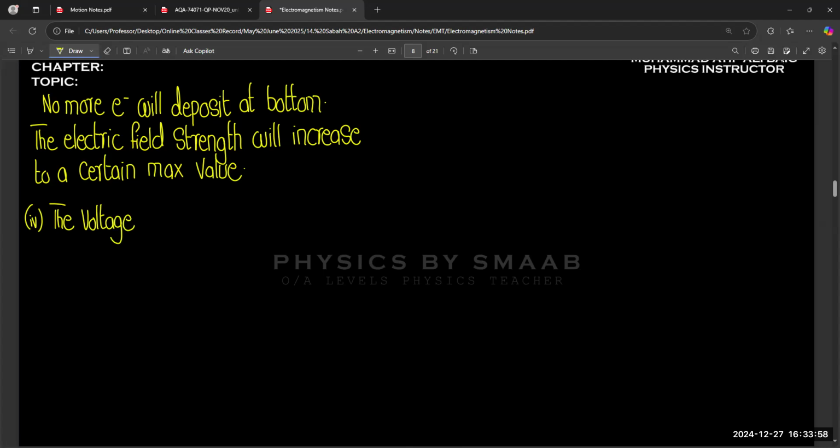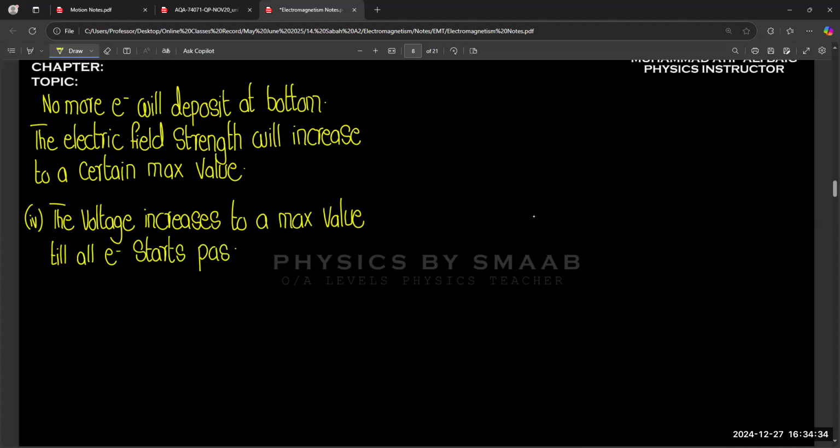So the last point: the voltage increases to a maximum value. All electrons start passing straight through.